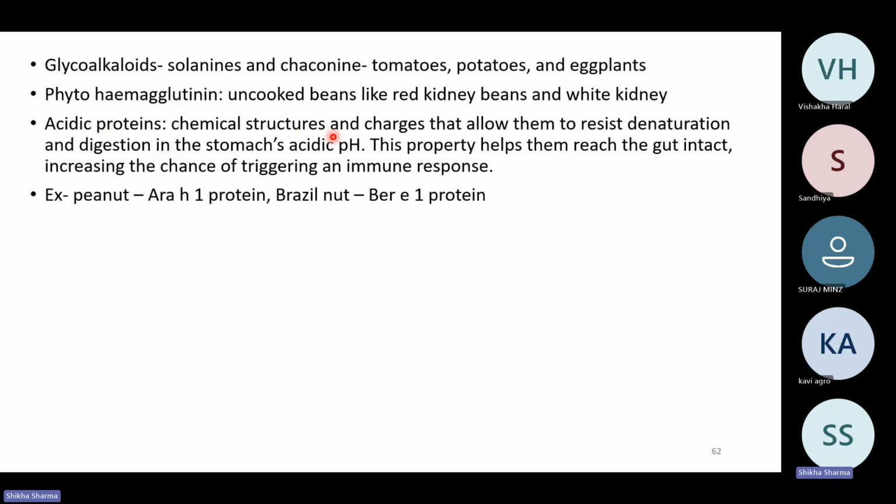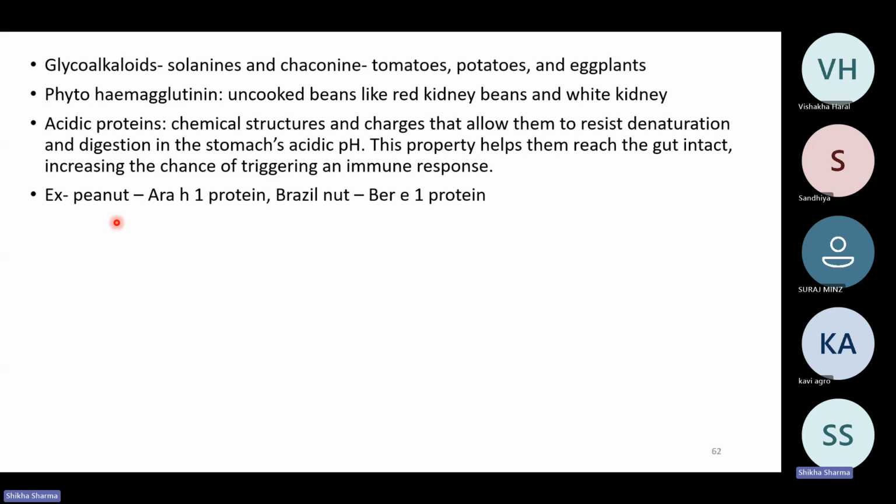They will not be digested in the stomach's acidic pH. Because of that, they reach the gut intact and can trigger immune responses, so allergic reactions may occur. These acidic proteins are basically causing allergic reactions.